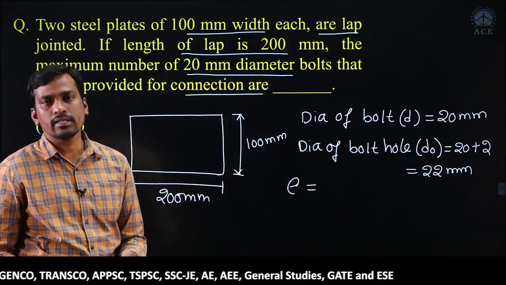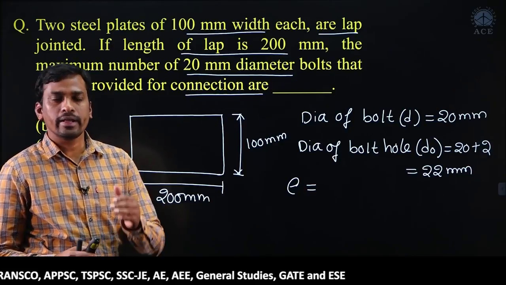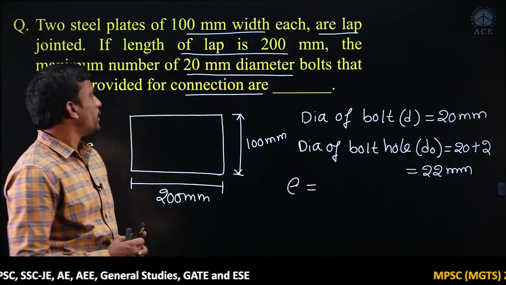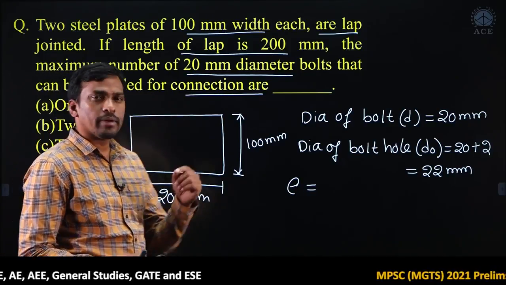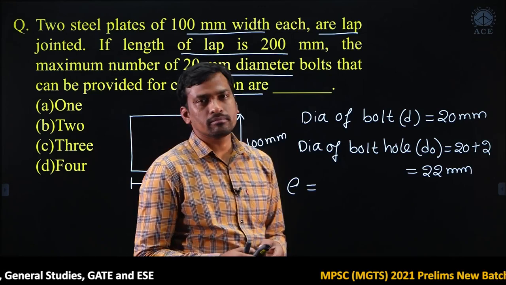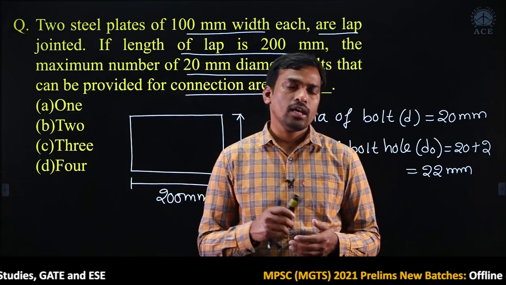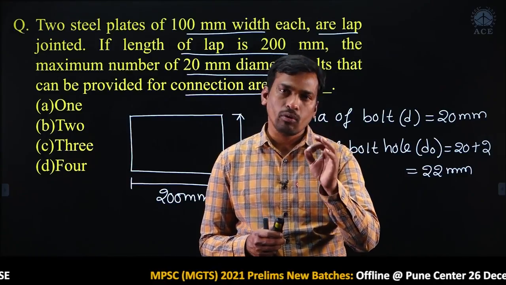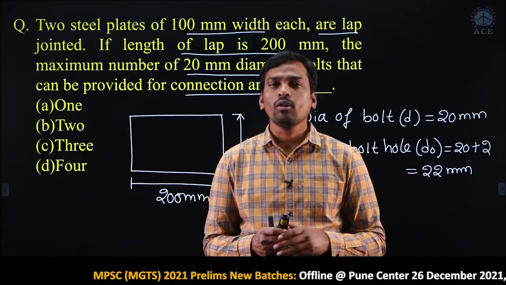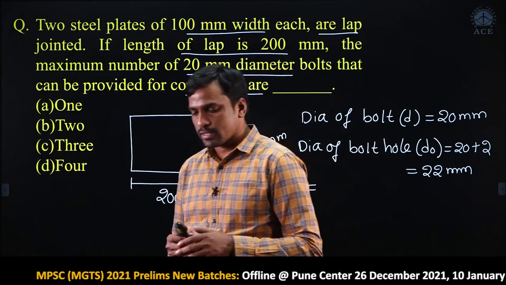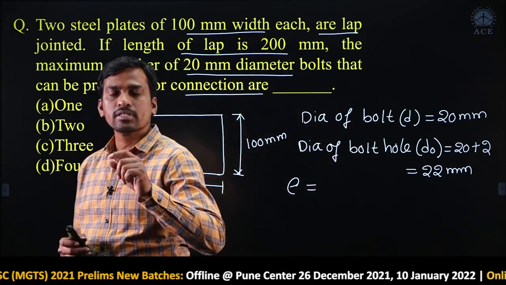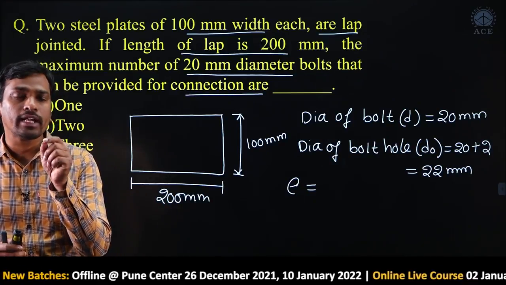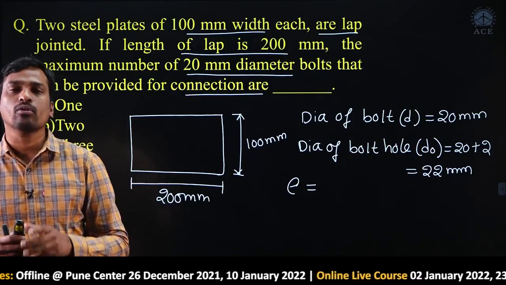Then can you find the minimum end or edge distance? It depends upon whether it is machine cutting or manual cutting. In the question, did he mention whether it is machine cutting or manual cutting? No, it is not mentioned. If it is not mentioned, always consider machine cutting only. For machine cutting, the minimum end or edge distance is 1.5 times the diameter of bolt hole.